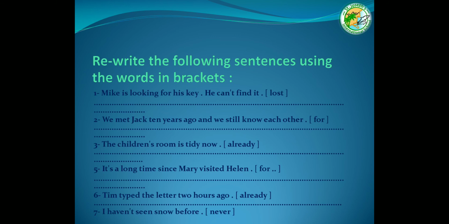Let's answer this exercise together. Rewrite the following sentence using the words in brackets. Question 1. Mike is looking for his key. He can't find it. In this sentence, he is asking you to use lost, and this is the past participle of the verb.